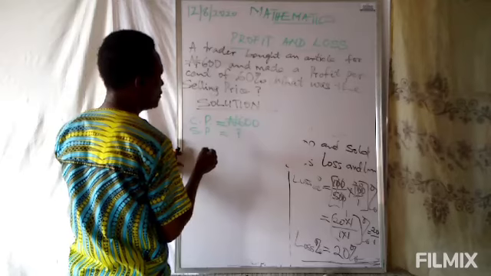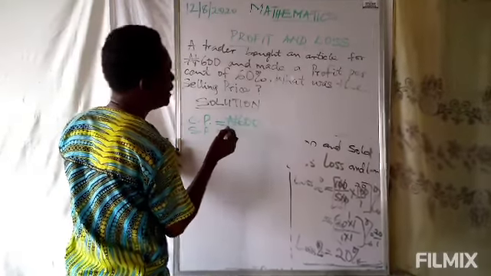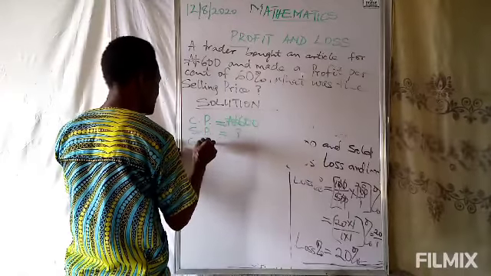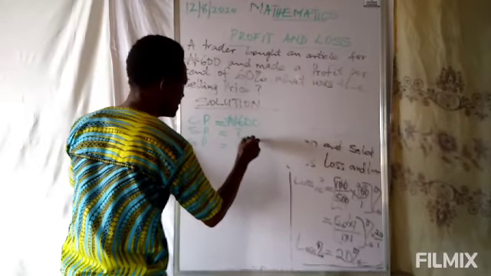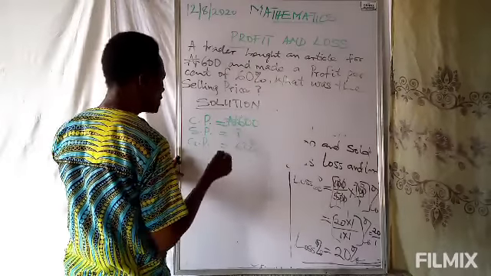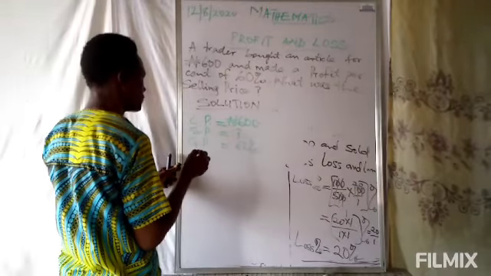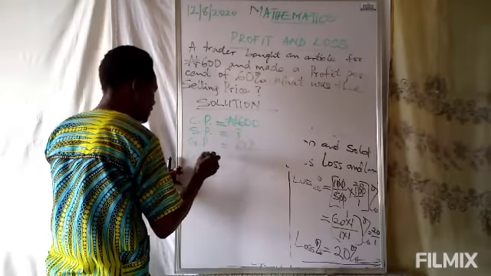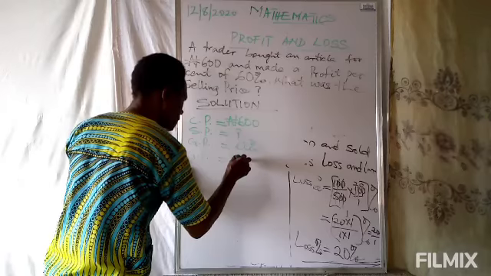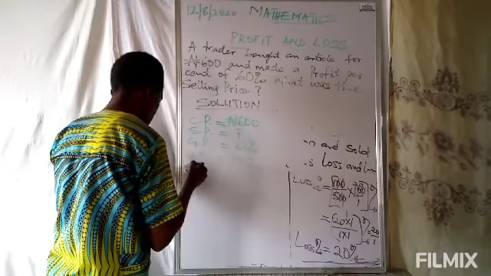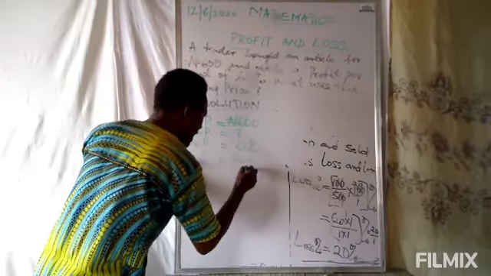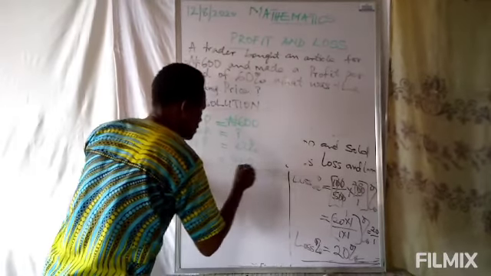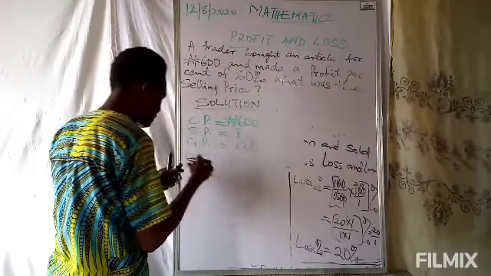Then the gain percent is equal to 60%. So what is the selling price now? But we know that gain percent is equal to gain all over cost price times 100 over 1, all in percent. This one is the gain percent.